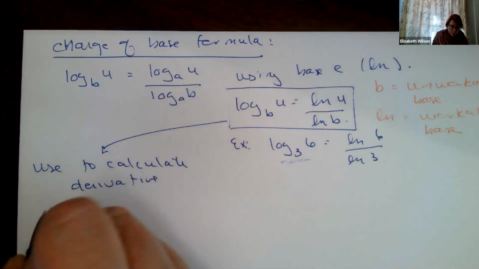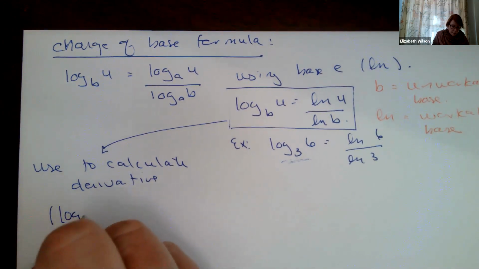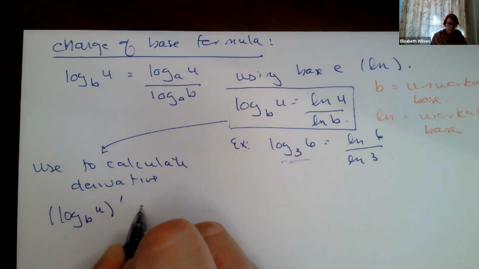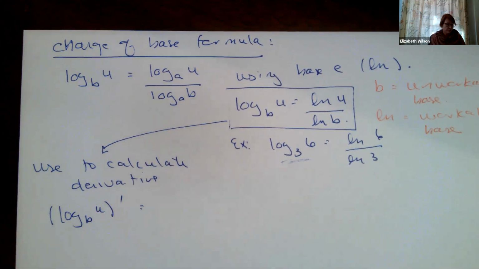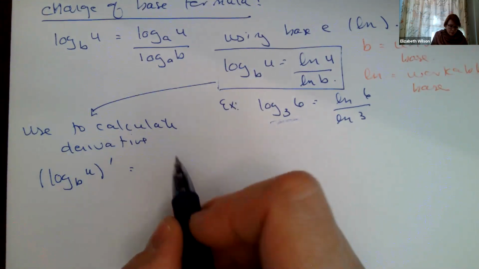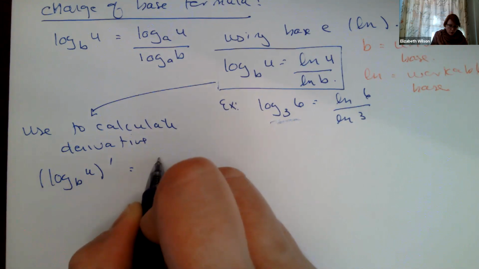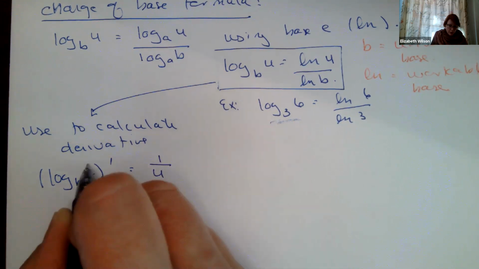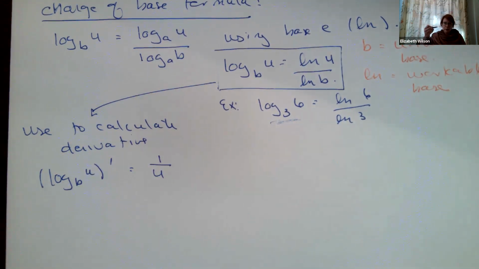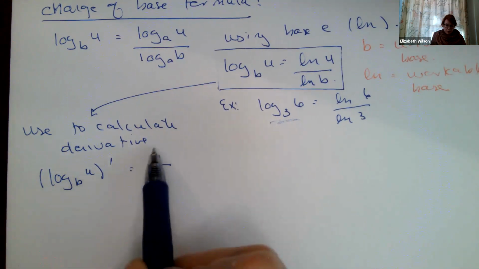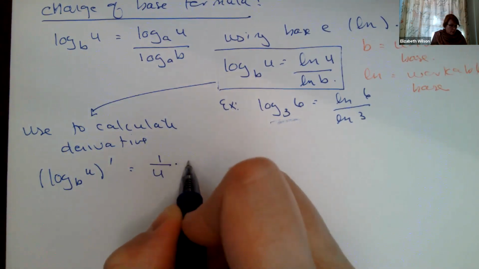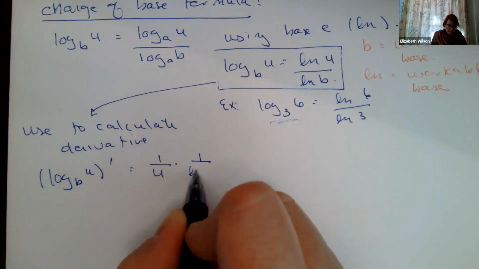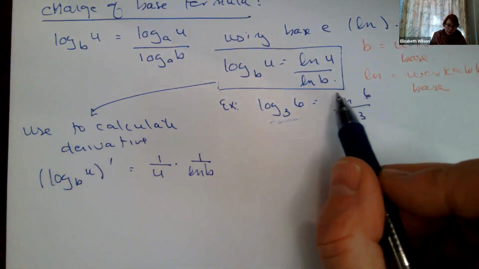All right, so if I've got log base b of u, and I want to take that derivative with respect to u, remember we take our properties of logs. When I take that derivative, this is 1 over u times 1 over the natural log of b. This comes from my change of base formula.